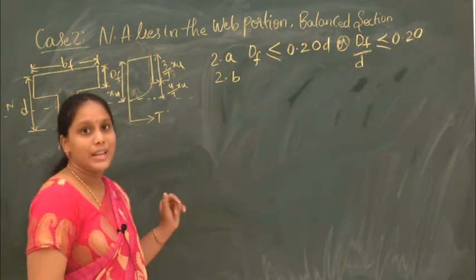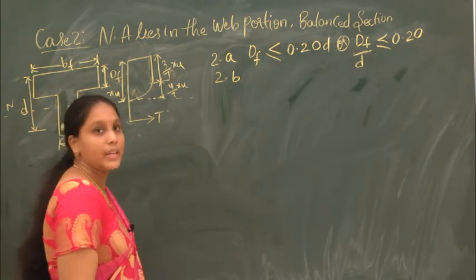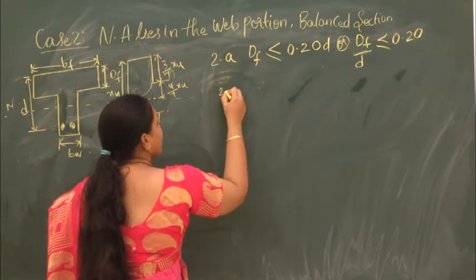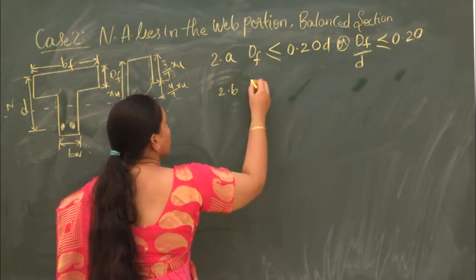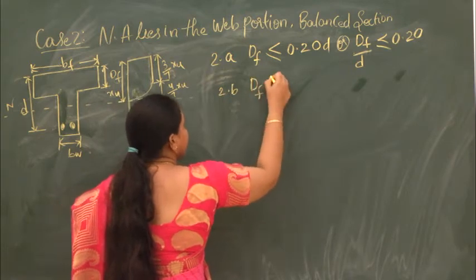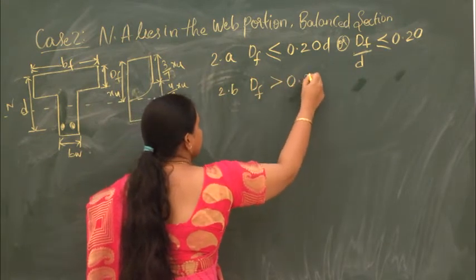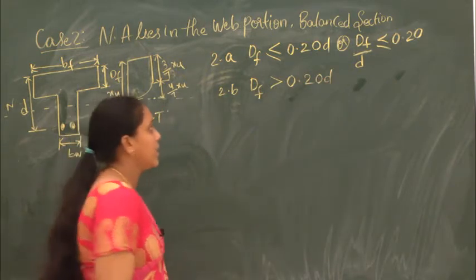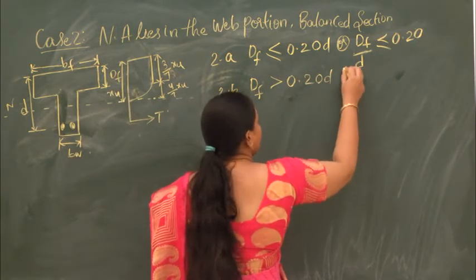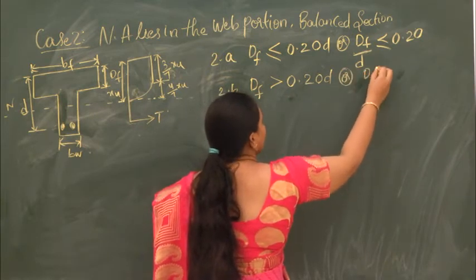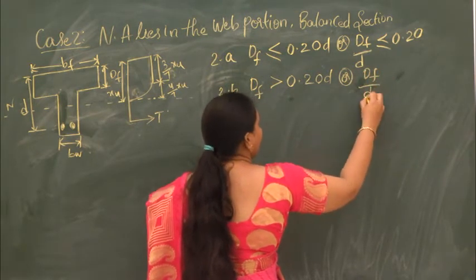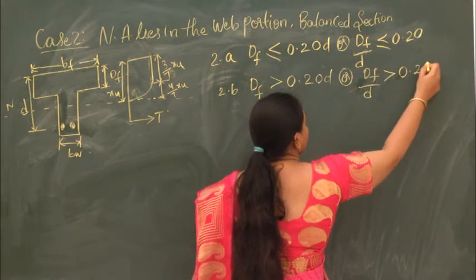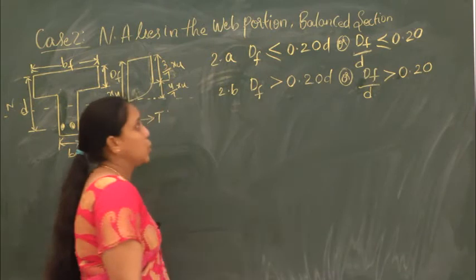That is one case, and the other case is 2B, where df is greater than 0.20d, or you can write it as df by d greater than 0.20.